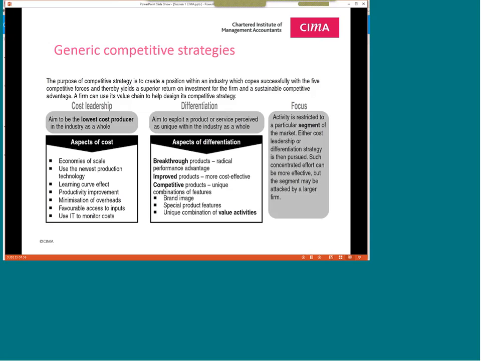So in terms of cost leadership, what is characteristic for cost leadership? When the organization is trying to achieve, or when would you assume that the organization is following this particular strategy? When would you assume, in which scenarios, for example, that organization is following cost leadership generic strategy?